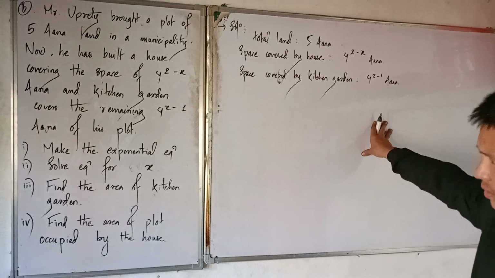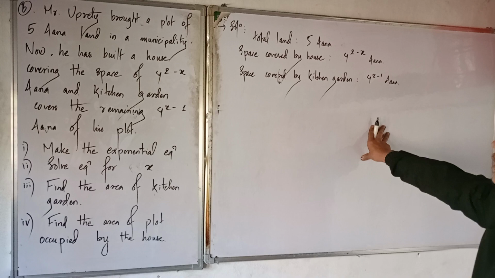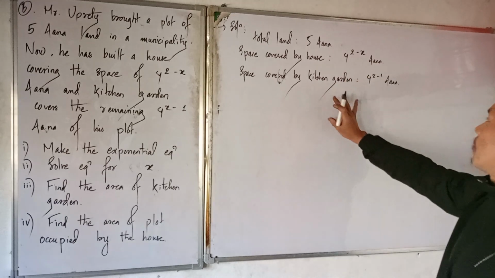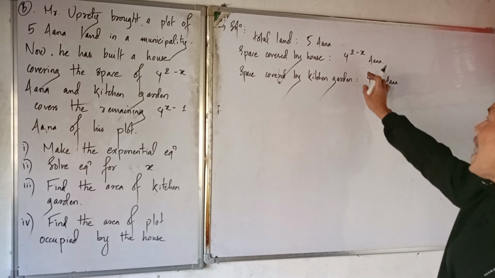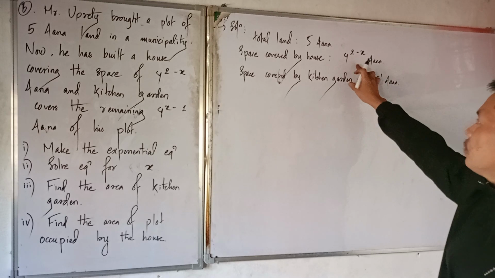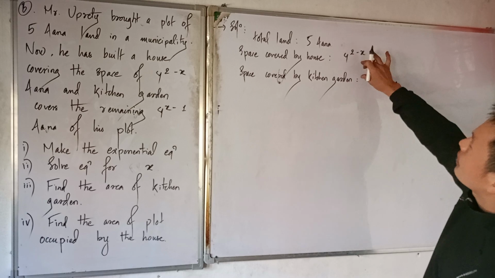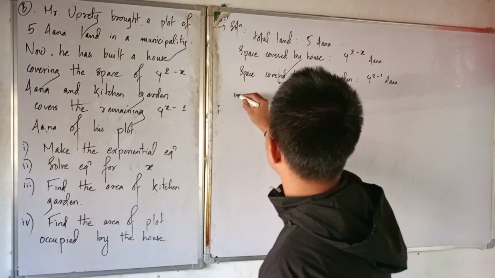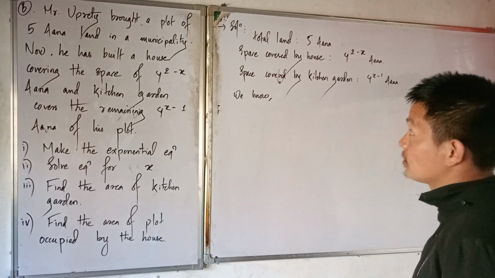Okay. So now the space covered by the house is this much, and the remaining space covered by the kitchen garden is this much. So when you add these two areas, these two spaces, that will be equivalent to the total land. So you just use common sense here.